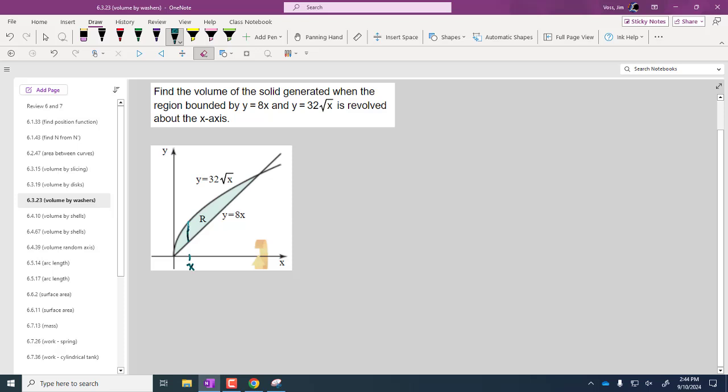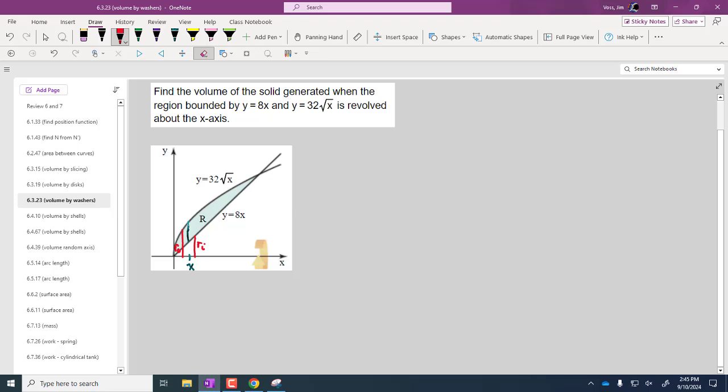We're going to rotate it around the x-axis. If that little turquoise line is rotated around the x-axis, it creates a washer. And we have to identify the inner and outer radius. So the distance from there to there is going to be the inner radius, and the distance from there to there is going to be the outer radius.